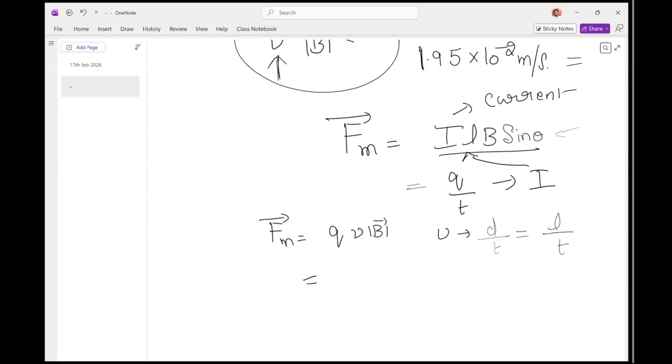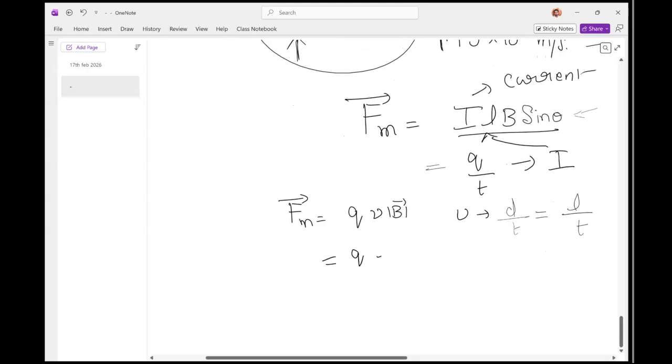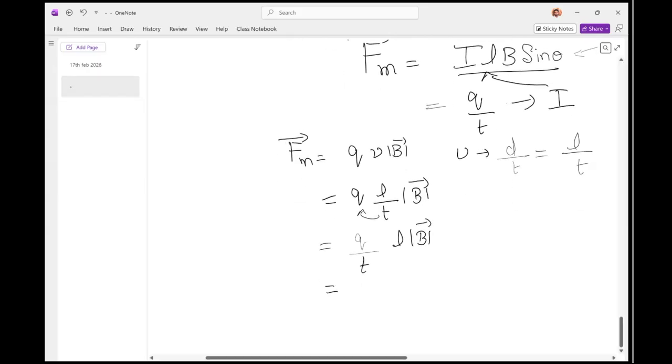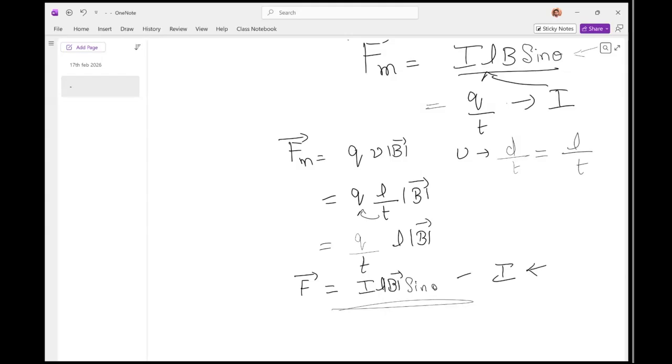So QVB becomes Q times L upon T, times B, and then I will just move the time below the charge, so Q divided by T, times LB, and that's going to become force is equal to ILB. So if the current is being asked, then you can use ILB sine theta. Sine theta will always stay there in the formula.